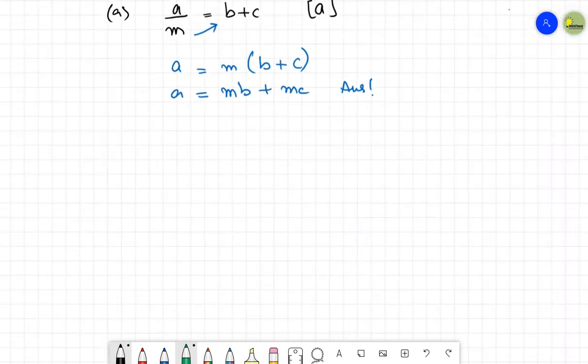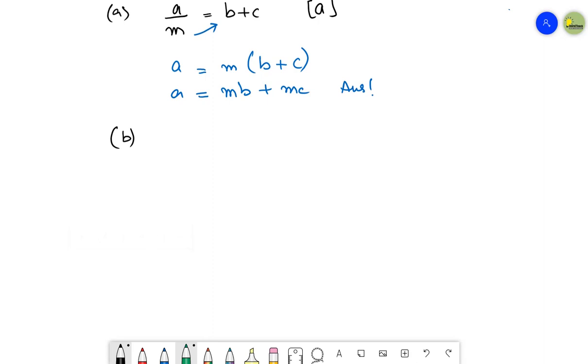Now, let me do part B for you. In part B, I have 5Q minus R equals 2P upon 3. In this equation, you have to find out the value of P. First of all, since P is present on your right hand side, let's flip the equation.